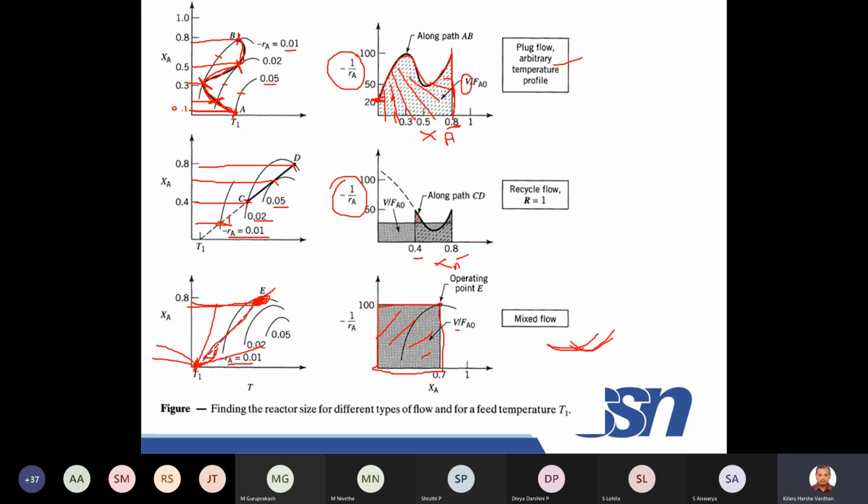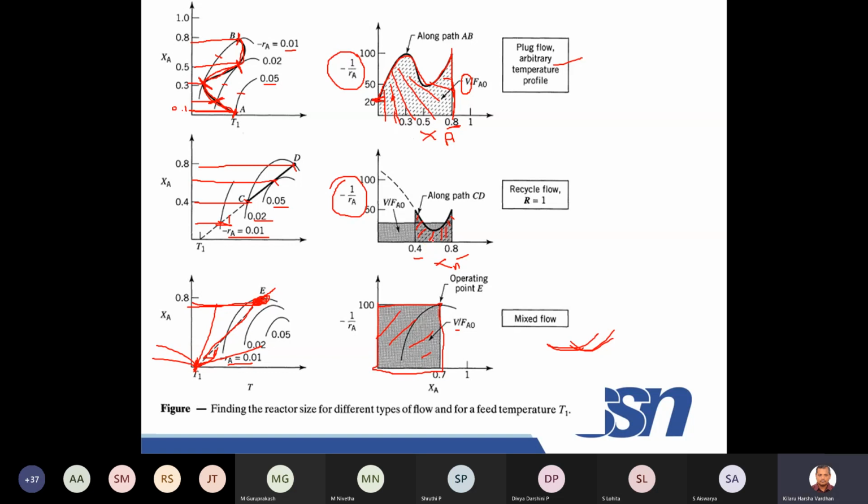Out of this, we calculate this particular part because it is more like a plug flow. Therefore, the area under the curve is nothing but the volume required for the recycle reactor, right?